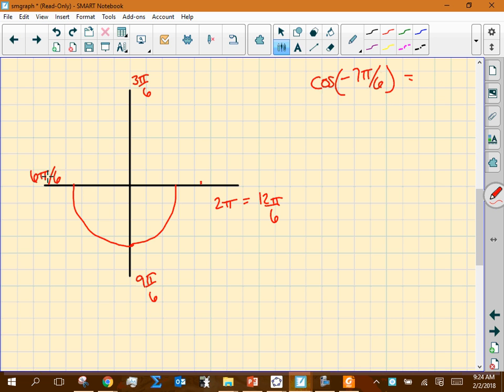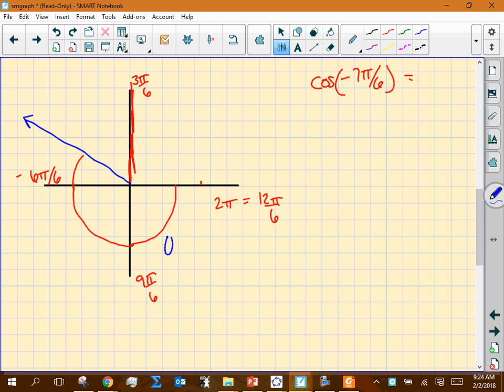I have traced out 6 pi over 6 radians just in the negative direction, correct? Okay. So if I want to put a negative sign there with that, I could. But now how far do I need to go beyond that? Will I go past this line right here? No. Okay, I'm going to stop in that quadrant, and that's going to be my terminal ray.